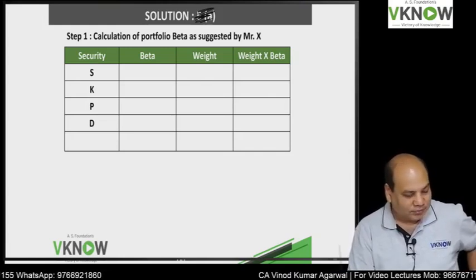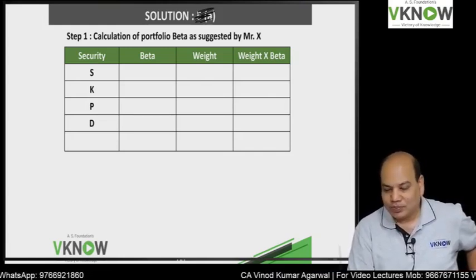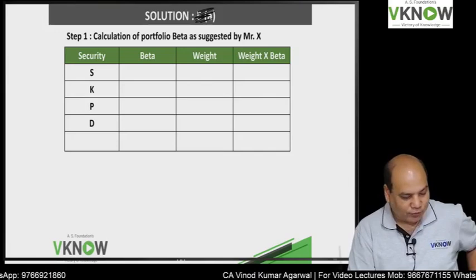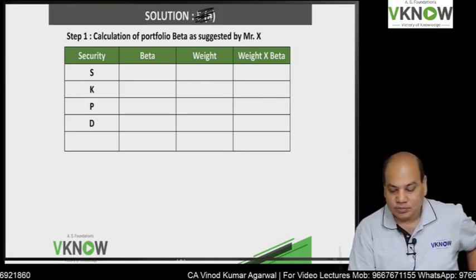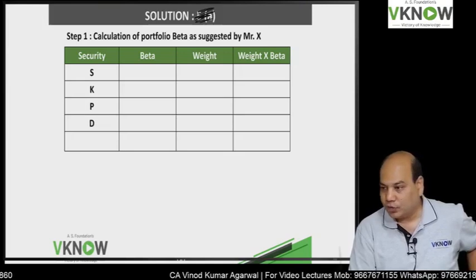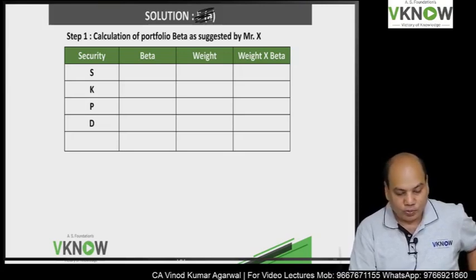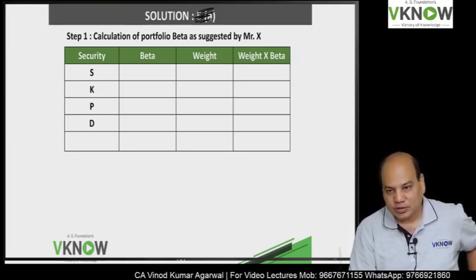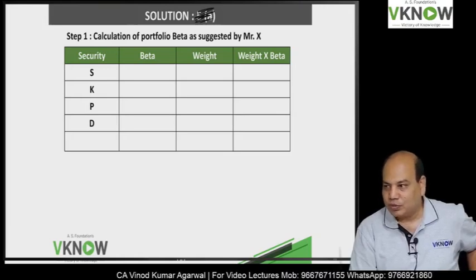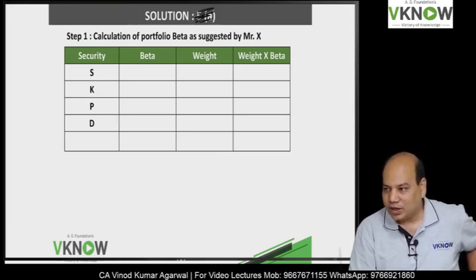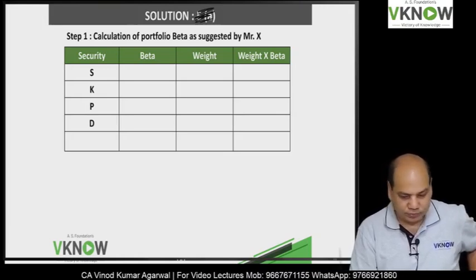Step 1. Calculation of portfolio beta. First I'll get the portfolio beta because I need to apply the CAPM model for the portfolio beta. Portfolio beta is weighted average beta. So concept number 1, portfolio beta is weighted average beta.